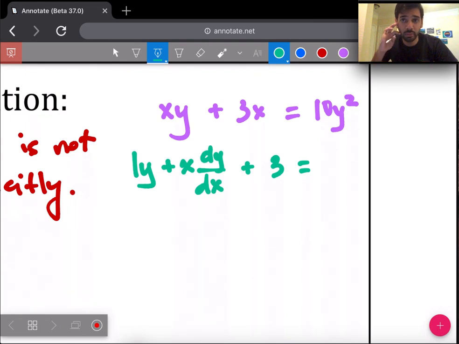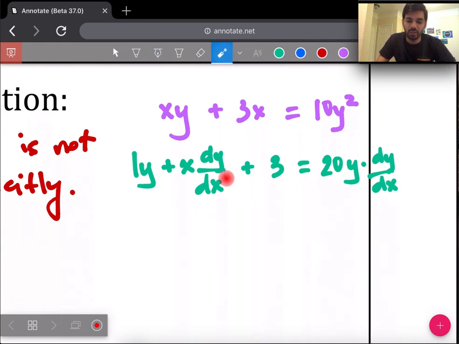This is a power rule, and it has a y in it. So I'm still going to apply the power rule and do 2 times 10, 20y, subtract 1 from the exponent, so 20y to the power of 1. But now since I took the derivative of something with a y in it, I need to multiply it by dy dx, or y prime, however you write it.